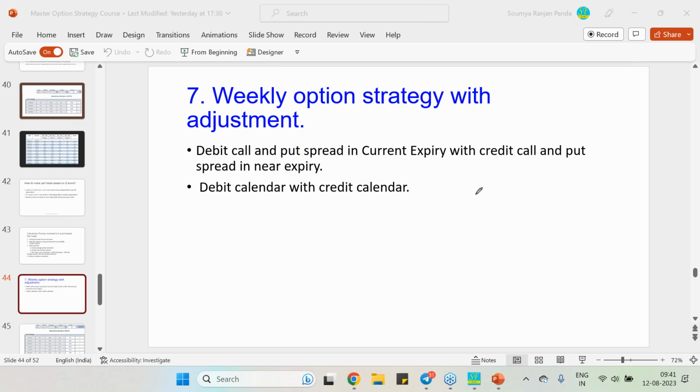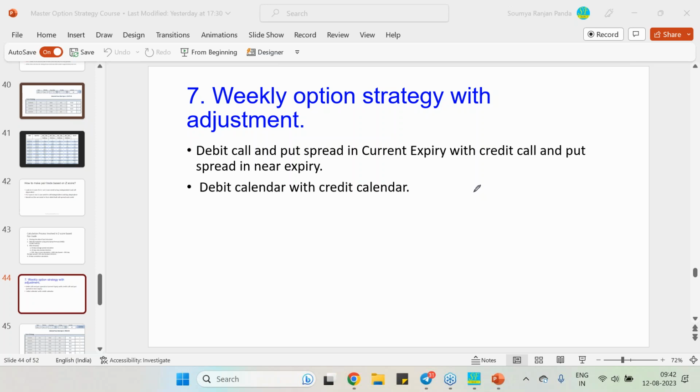We have to follow extra caution while implementing these strategies, because it is a very quick, very feeble, very wicked instrument. It can behave very differently in a very short span of time. So for that we have to devise a special plan.